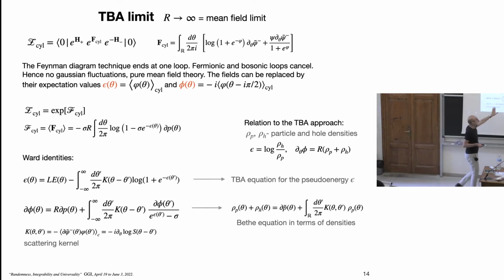So the relation with the TBA is that this epsilon is the logarithm of the ratio between the hole and particle densities, and the derivative of the second field, its expectation value, is R times the sum over the two densities. So this second Ward identity corresponds to the equation in terms of densities for the TBA.